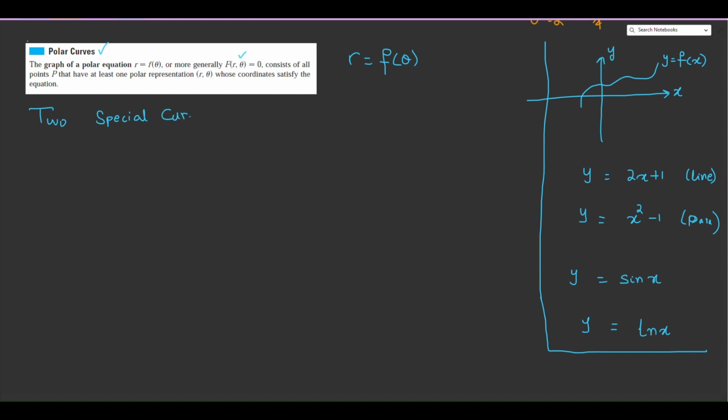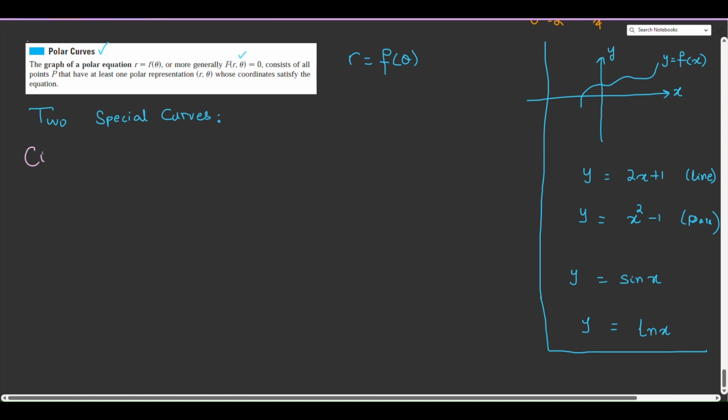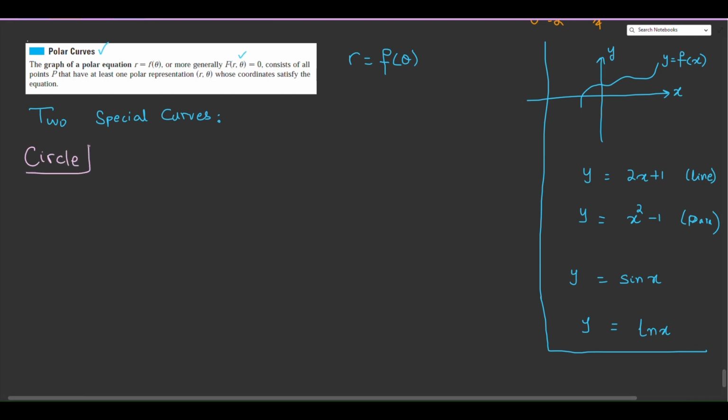The first one is called the circle, and the equation of a circle is given by, let's say, r equals a. And what is a? A is any number.